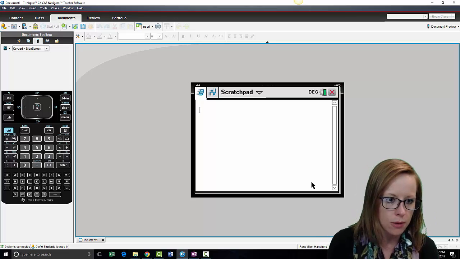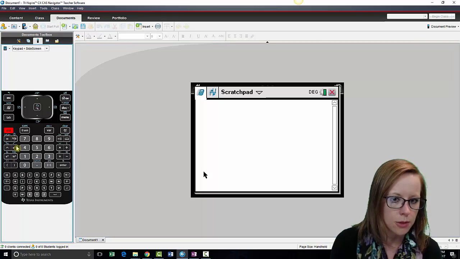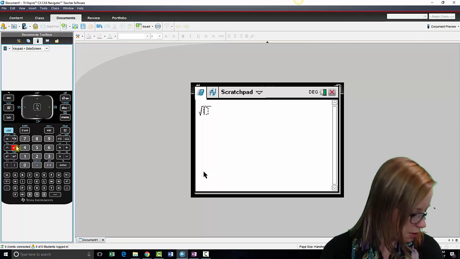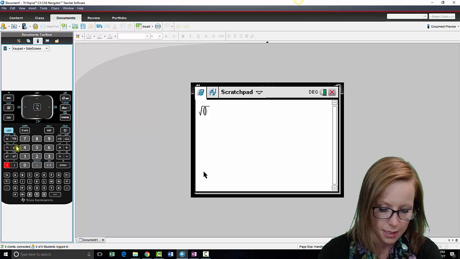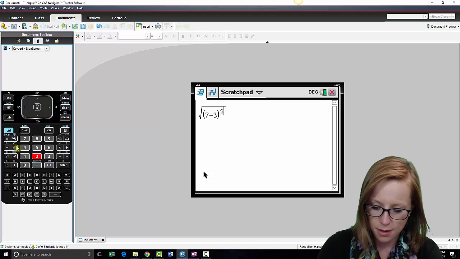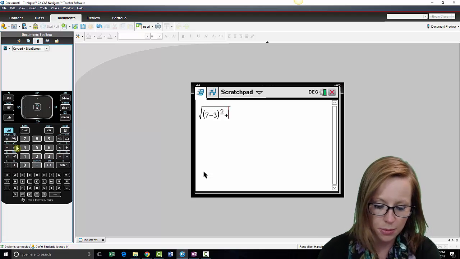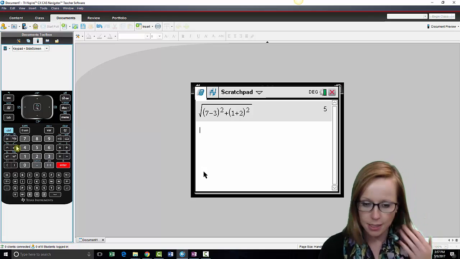So square root of, parentheses, 7 minus 3 squared plus parentheses 1 plus 2 squared, enter. And we get a radius of 5, so that's excellent news.